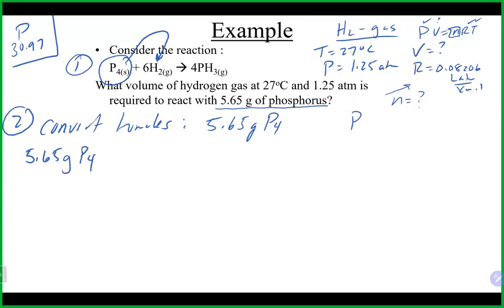We need the molar mass, obviously, of P4, which would be 4 times 30.97 grams per mole from the periodic table. And that's going to get us 4 times 30.97, 123.9.